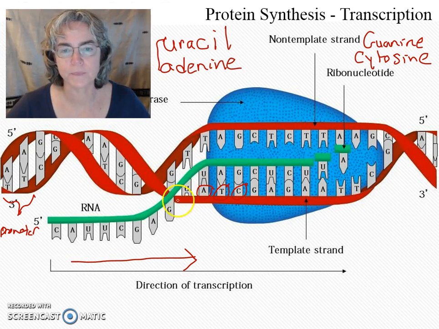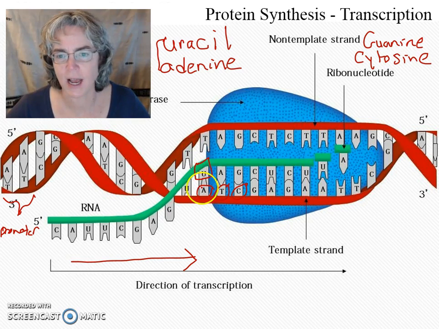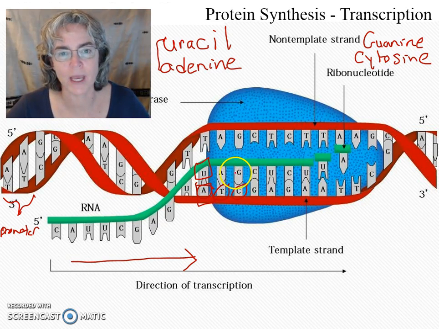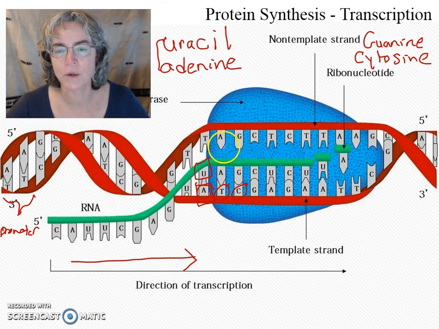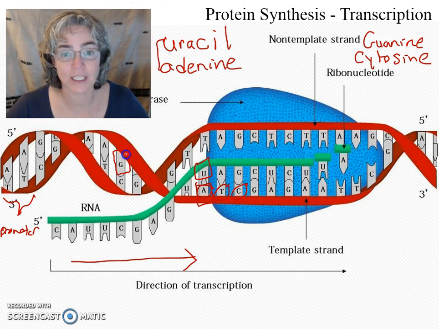Okay, so this attraction right here of RNA nucleotides to DNA nucleotides is actually very weak, much weaker than the attraction between DNA nucleotides.